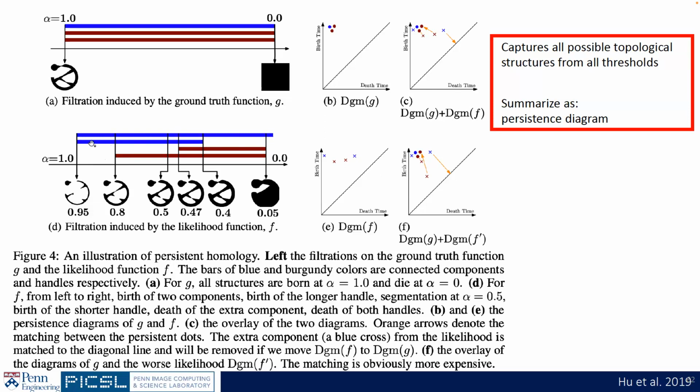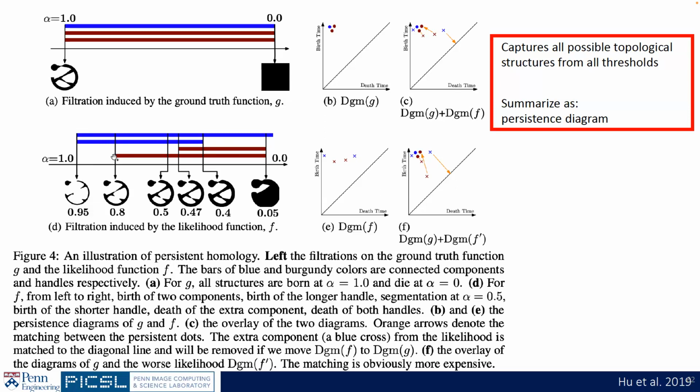I have one connected component I started with here, but then that connected component died over here, because now I have 2 connected components here, and then over here, 2 connected components have died, and now it's just 1 connected component. So there was a birth of 2 connected components and now death of this.